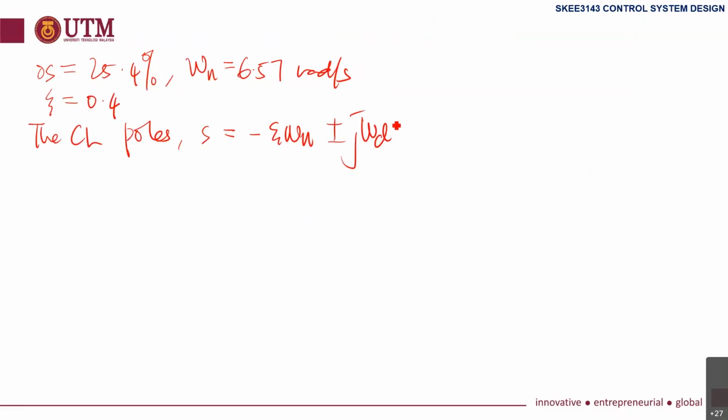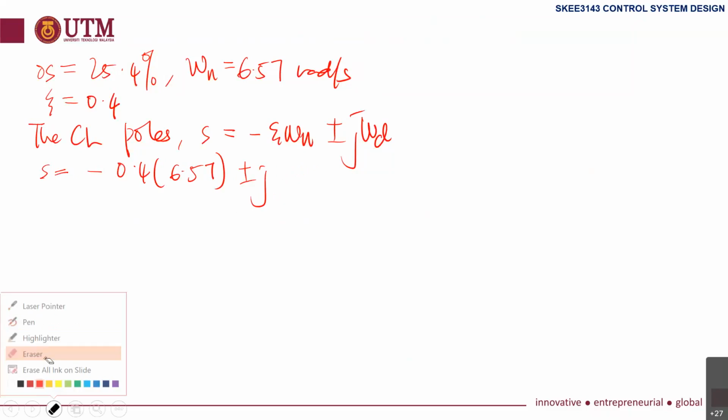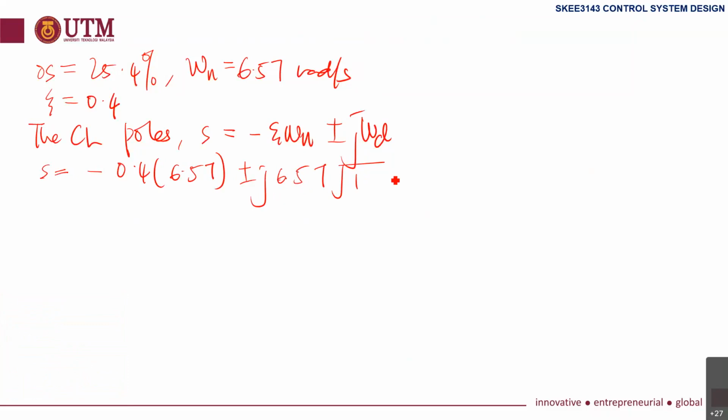So from here, we can get the dominant pole, minus zeta omega n, minus 0.4 times 6.57, plus or minus j omega d, where omega d is omega n times square root of 1 minus zeta squared, 0.4 squared.